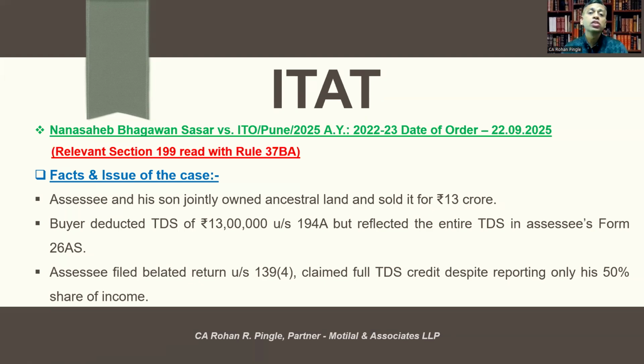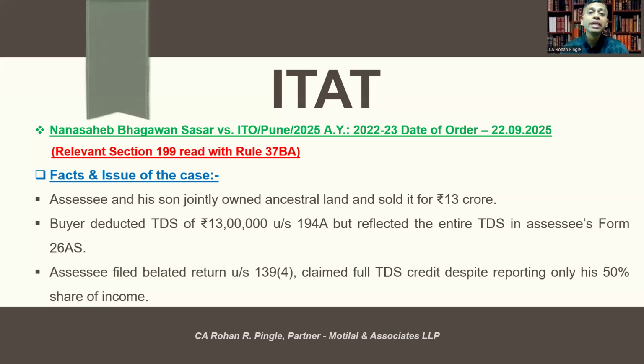Assessee and his son jointly owned ancestral land and sold it for rupees 13 crore. Buyer deducted TDS of rupees 13 lakhs under section 194A but reflected the entire TDS in assessee's Form 26AS.